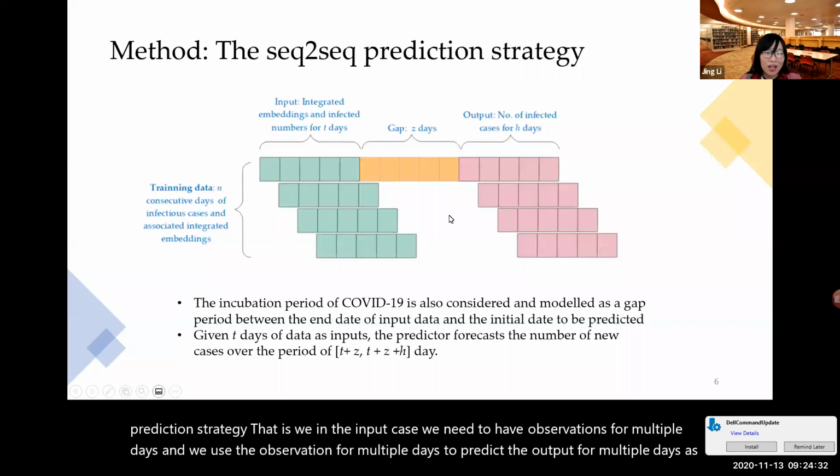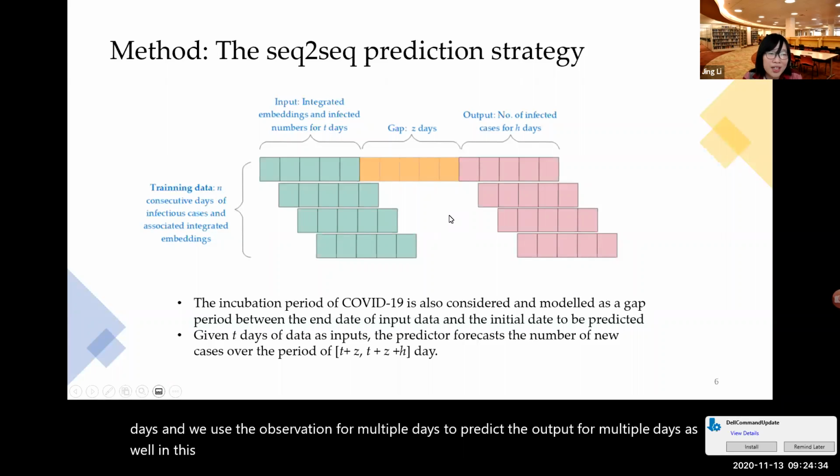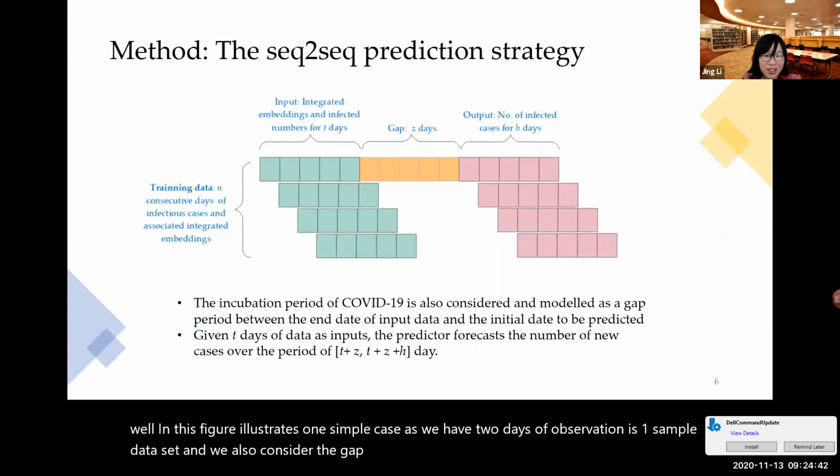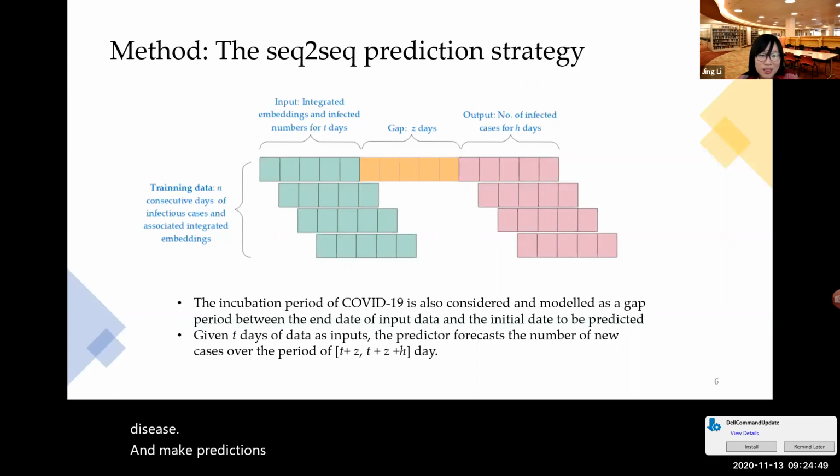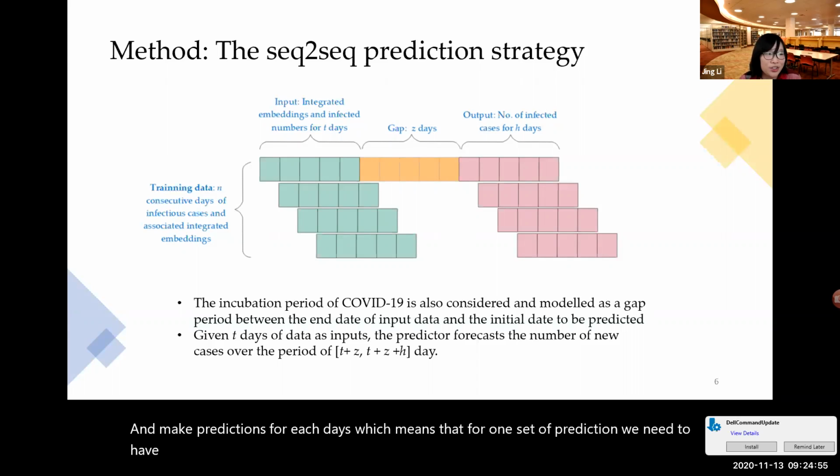This figure illustrates one simple case, where we have T days of observation as one sample. And we also consider the gap days, which is the incubation period of the COVID disease, and make predictions for H days, which means that for one set of prediction, we need to have at least T plus Z plus H days as the prediction horizon.